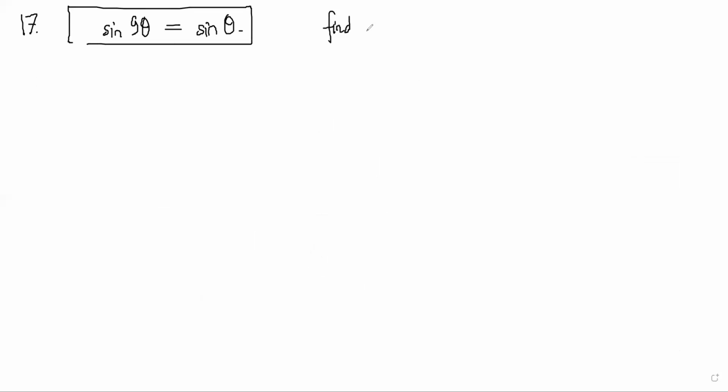Question 17 says sine of 9 theta is equal to sine of theta, and you have to find all possible values of theta. Right now, doesn't it already look like an equation in the form sine c is equal to sine d?